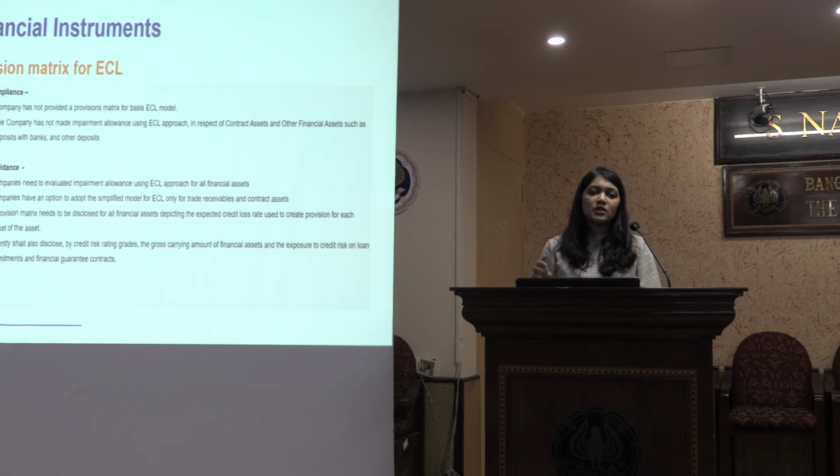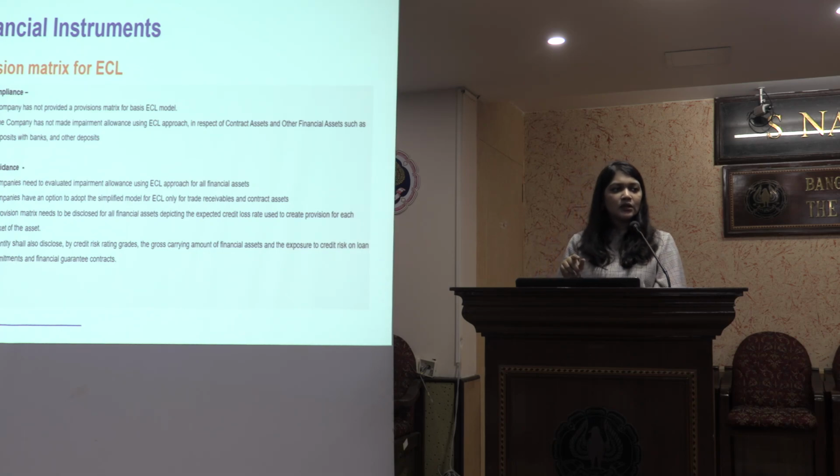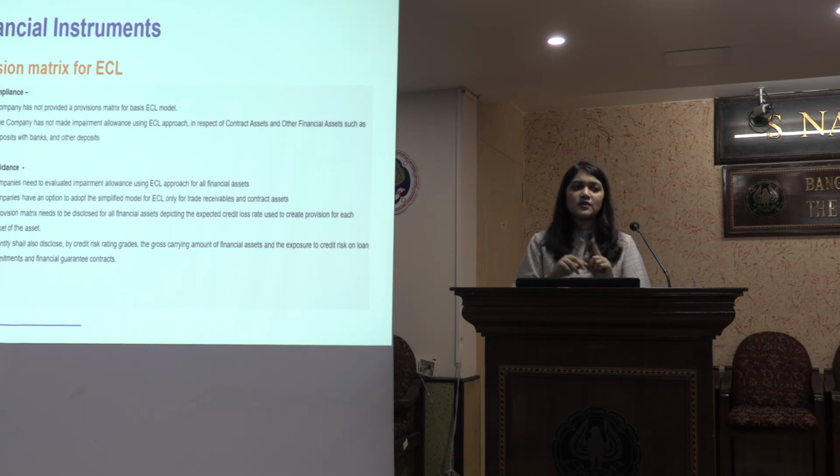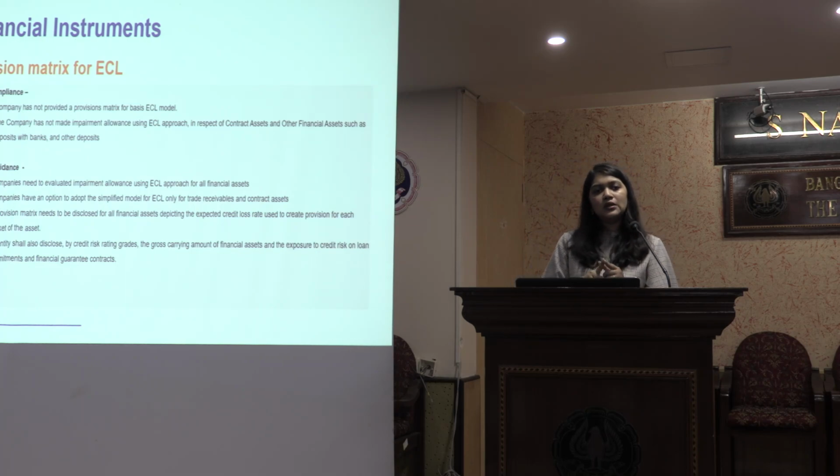Second, there has to be a provision matrix. Now, the provision matrix is specifically in the standard also; if you see, they have given an example for trade receivables only. You classify your trade receivables into different buckets and then you tell what is the percentage of ECL that you have created for each bucket, because for each bucket there has to be a different percentage.